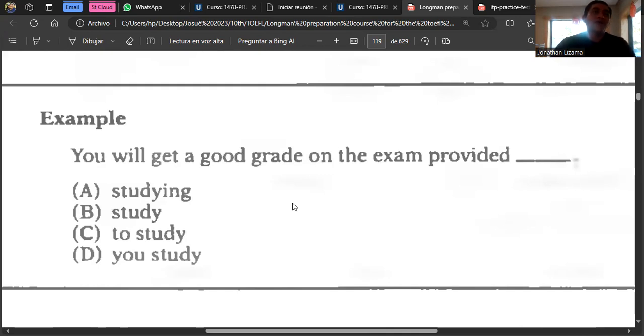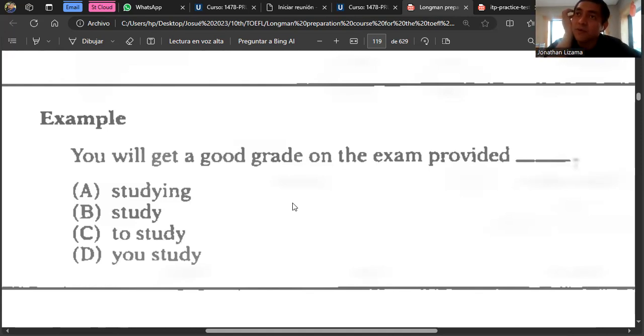I discovered that maybe I needed more vocabulary. In this case, provided is a connector, so letter D is the best answer. You will get a good grade on the exam provided you study.